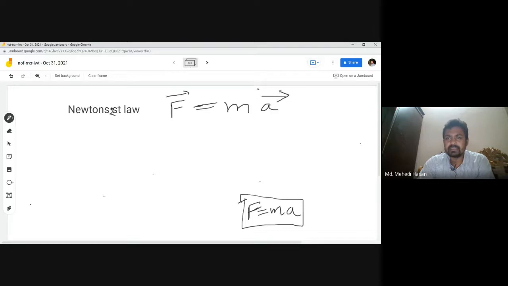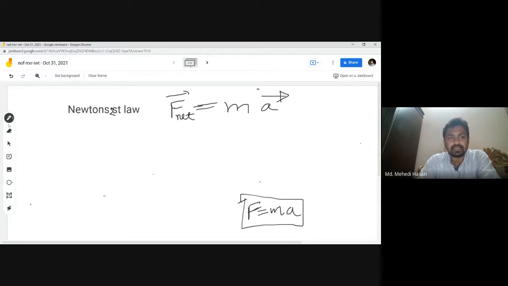This equation is for a single force applied. If more than one force is involved, you have to say the net force acting on that object: F net equals ma. So if one force is involved, F equals ma, but in case of net force, F net equals ma.